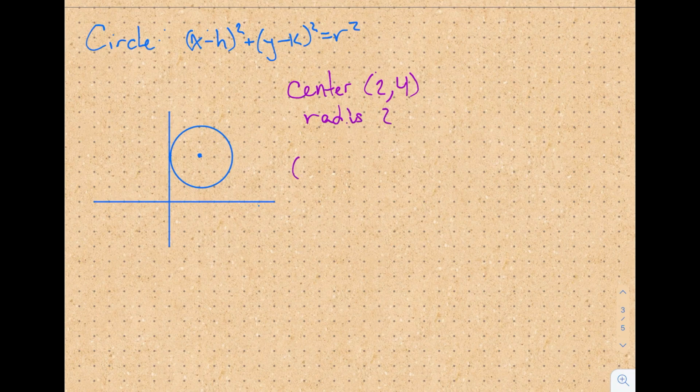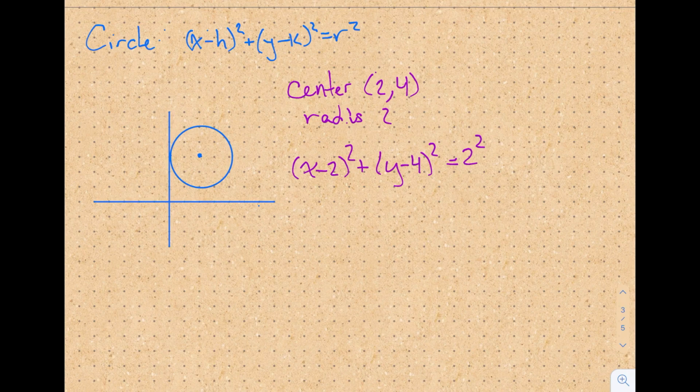So what I can do is just plug each number into the equation. We get (x minus 2) squared plus (y minus 4) squared from the center, and that equals 2 squared because 2 is our radius. And that's the equation of this circle.